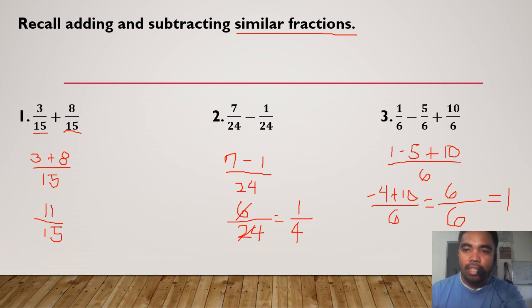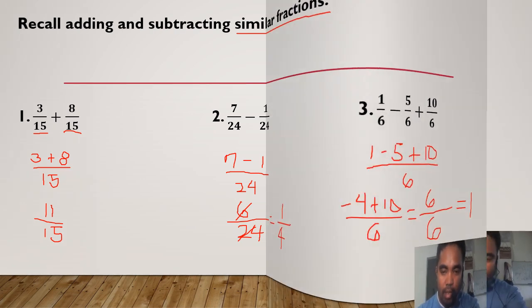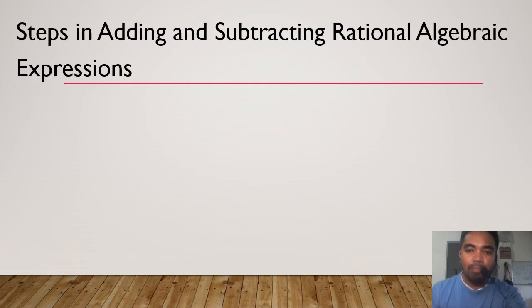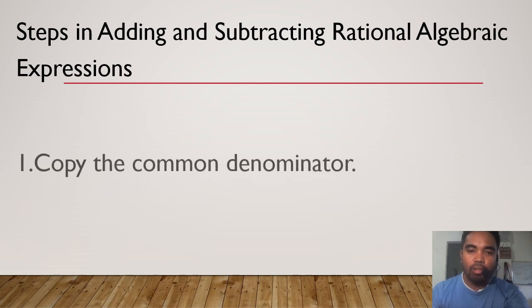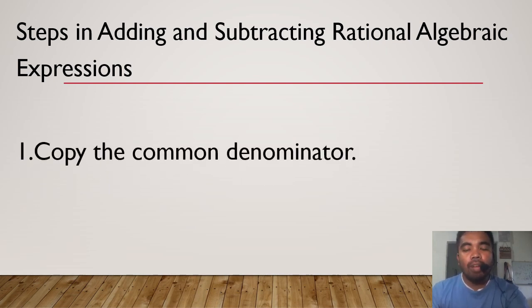Okay, next, let's have the steps. Before we add and subtract rational algebraic expressions, let's first know the steps. Number one, we copy the common denominator, since we deal with similar rational algebraic expressions that have a common denominator.